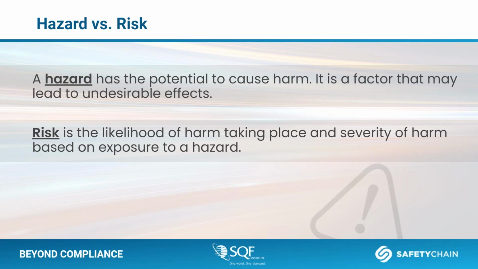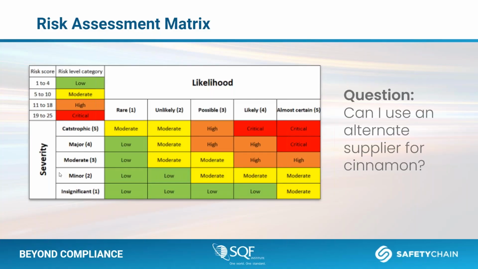The risk is what is the likelihood of the harm and the severity of the harm that takes place when someone's exposed to a hazard. So you do your hazard analysis, then you have your risk assessment that takes those hazards that you've identified, and you're assessing risk.